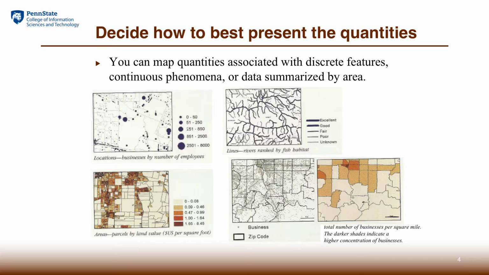Map A shows the mapping of individual features like business locations, but in this case we add the number of employees into the picture and use a graduated symbol to show the relative value.